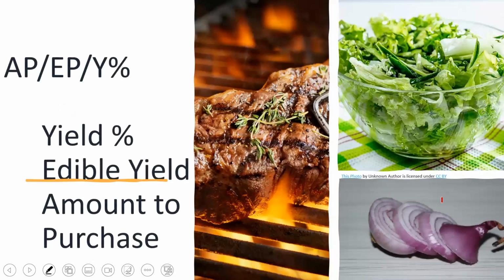So in summary, and to conclude, as purchased, edible portion, and yield percentage, those three can be utilized to calculate either how much product is left over, that edible yield, or how much to actually purchase. I hope you take this into consideration as you're looking at how we can figure out and use this percentage to help us more accurately purchase the amount of product that we need so we don't run out.